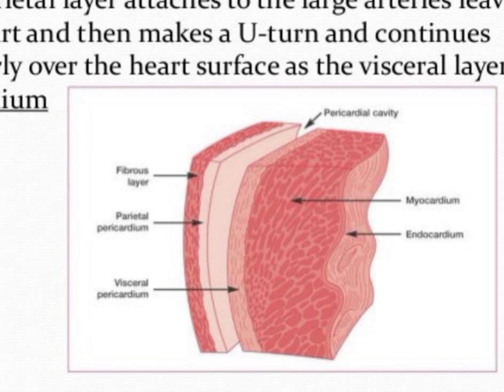Here lies the fibrous layer on my left side, and then there is the parietal pericardium, and then the visceral pericardium. After that there is the pericardial cavity between them, and then there lies the myocardium, and then the endocardium.